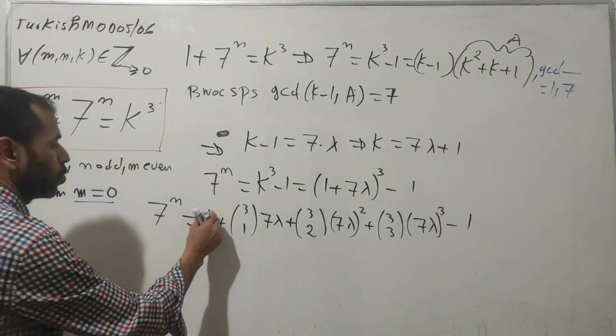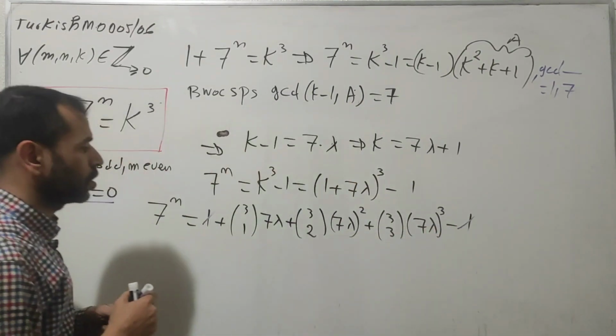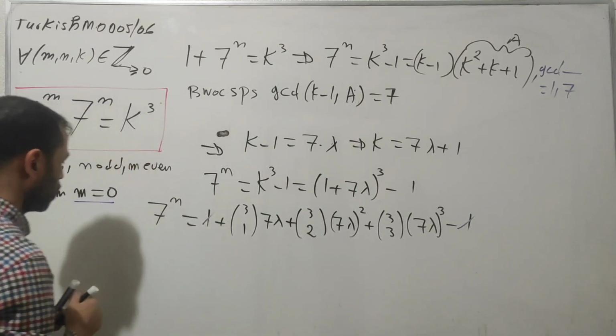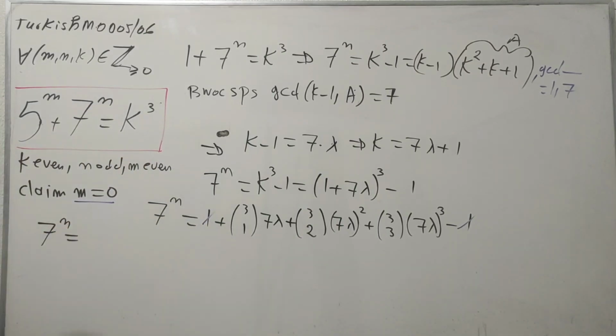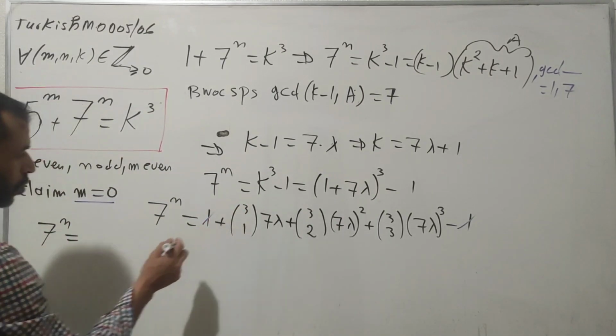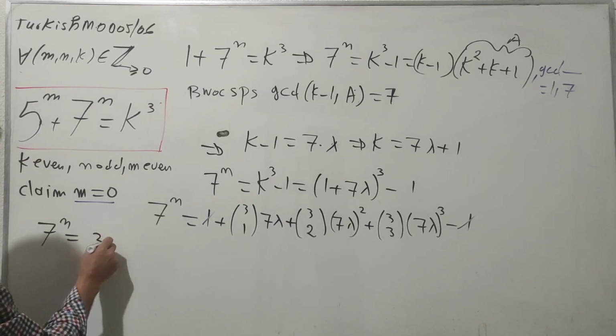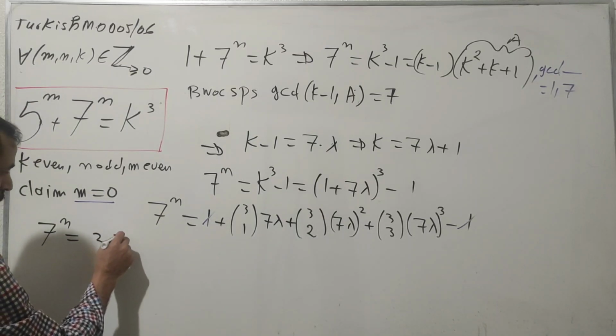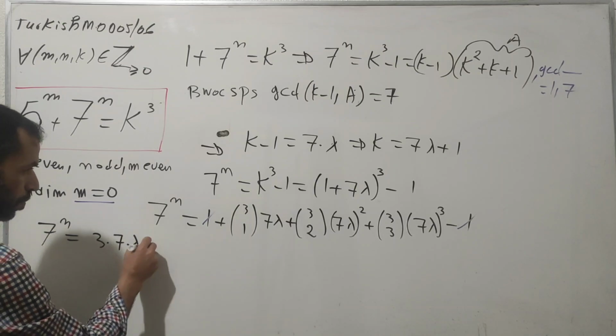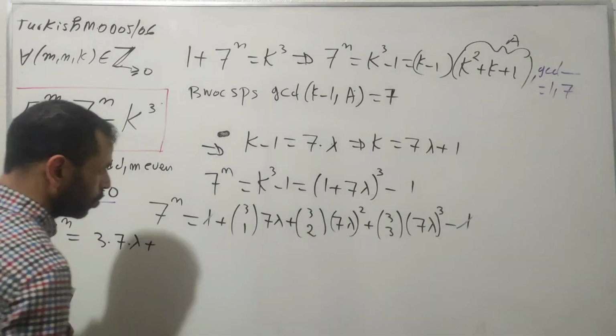So this 1 and minus 1 will cancel out. I'm going to calculate this now. I get 7 to the n equals 3 choose 1, which is clearly 3, multiplied by 7 lambda, plus this one also will be 3.